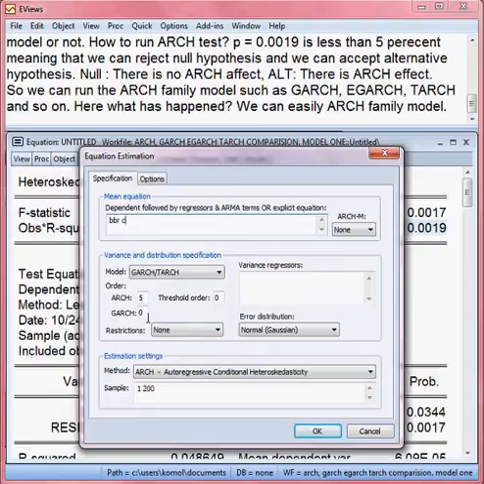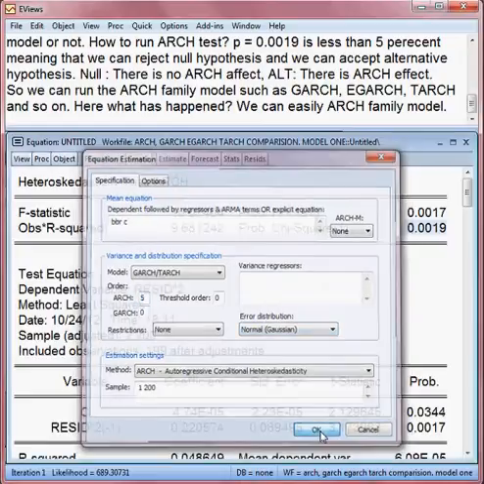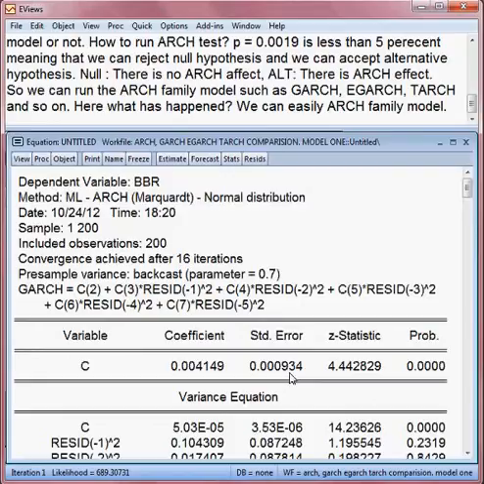And here I choose first GARCH is 0, but ARCH is 5, okay? And here I choose the normal Gaussian distribution, right? So then we can run the model. I click OK. So this is my model.